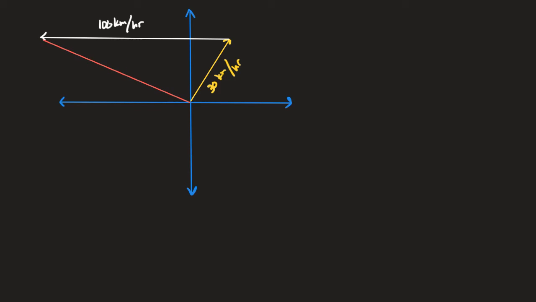So the red arrow actually depicts the flight plan of the plane relative to the ground. So the plane thinks it's going west because that's the direction it's heading, but the wind is pushing it off course. And because of that, the plane's actual velocity relative to the ground is the red line.